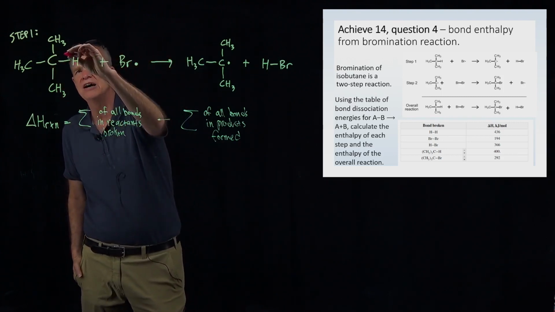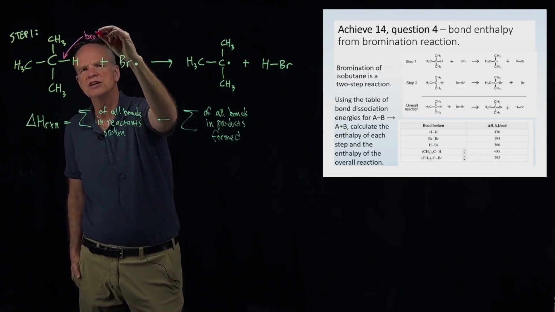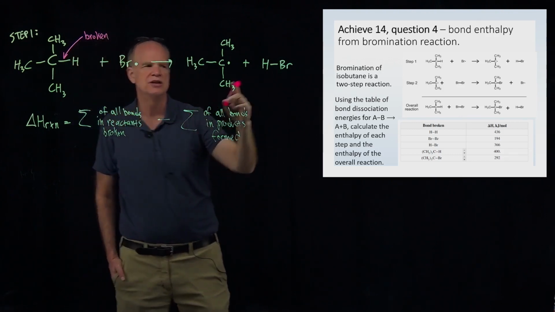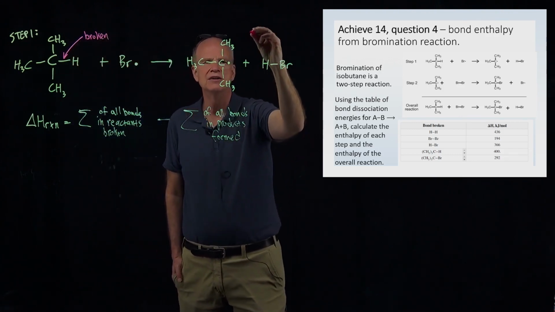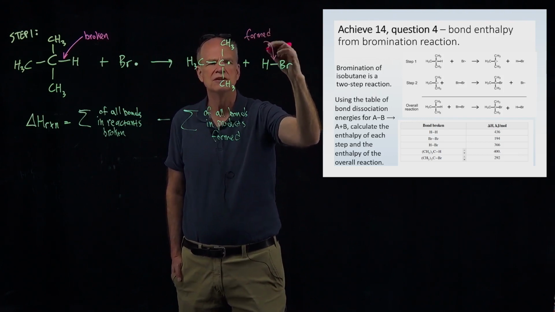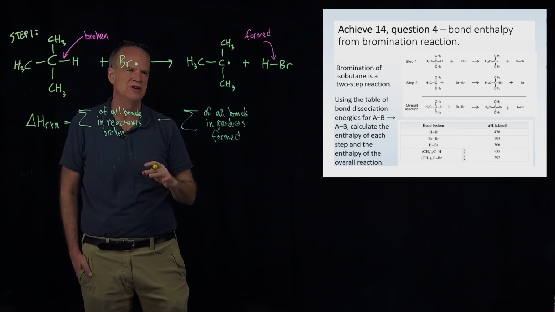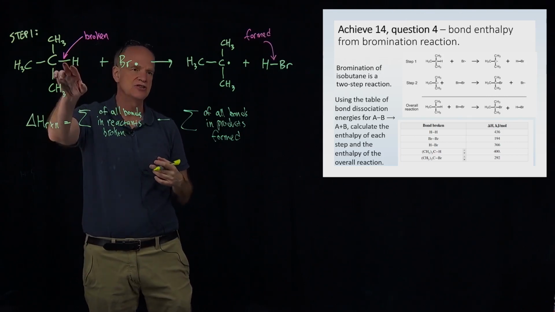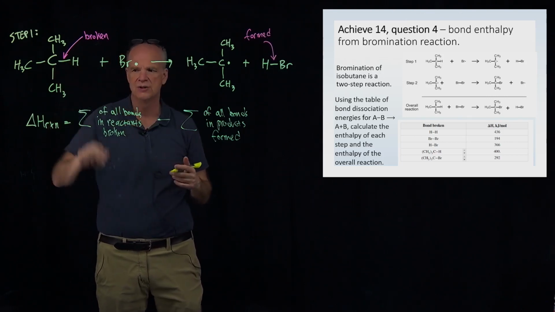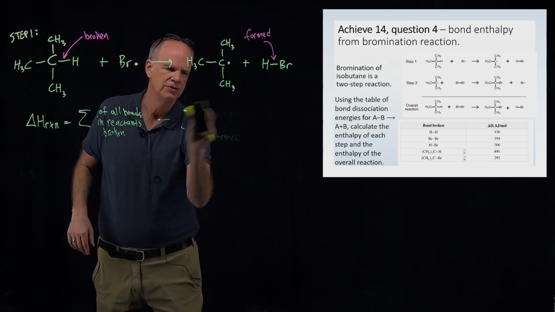And so one bond here is this bond, this carbon-hydrogen bond. This is being broken. And then here on the product side, the bond between hydrogen and bromine is being formed. And so really all you have to do is subtract the energy of the broken bond from the energy of the formed bond.